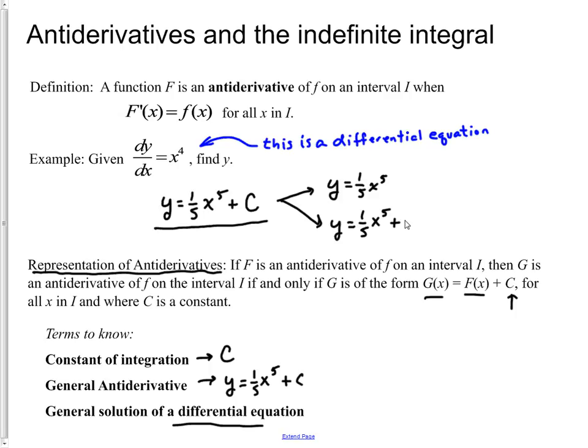The only difference between these two functions, which we'll call F of x and G of x, is that constant of 100. So by this representation, the only difference is whatever that constant is. We want to make sure we understand what that constant of integration represents.